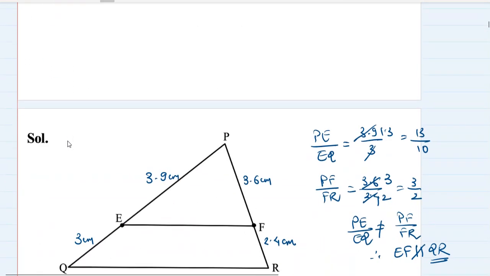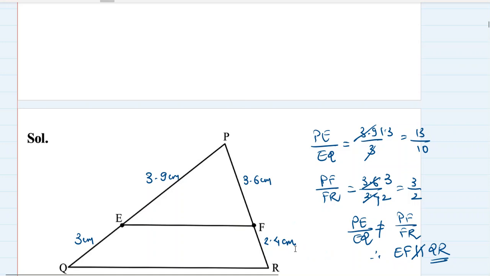Remember that if you cannot prove PE upon EQ is equal to PF upon FR, see if you can prove PE upon PQ is equal to PF upon PR, or if you can prove EQ upon PQ is equal to FR upon PR.